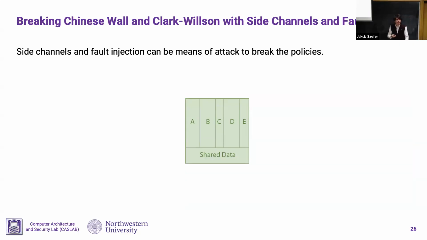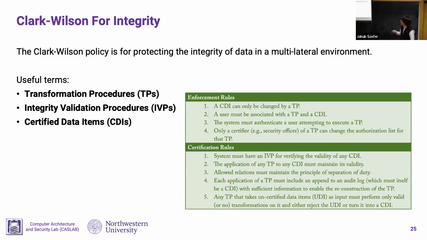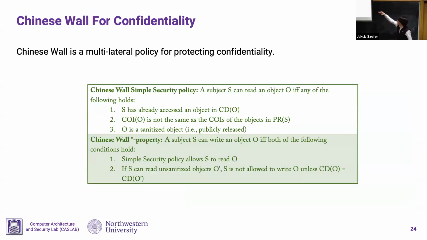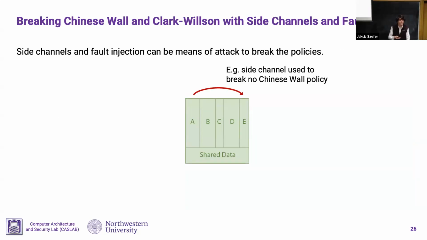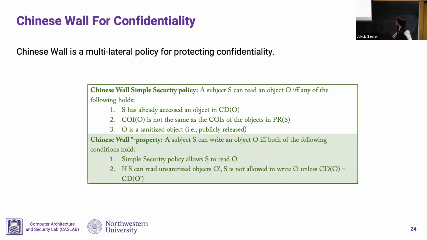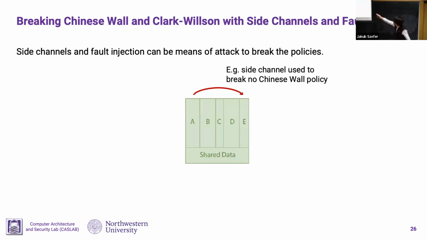But again, now coming back to side channels and fault injection. We have these policies, and if you follow them, you should be able to protect confidentiality and integrity. But if you have a side channel or fault injection, that's a way of breaking the policy. For example, a side channel could be used to break the Chinese wall policy for confidentiality. Even though you're not supposed to read something from another class, if you observe the power consumption of the computation being done, maybe you can guess something about the data.